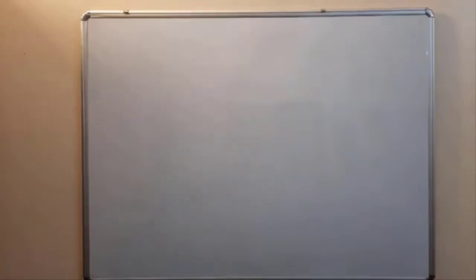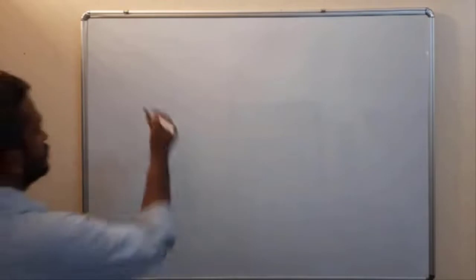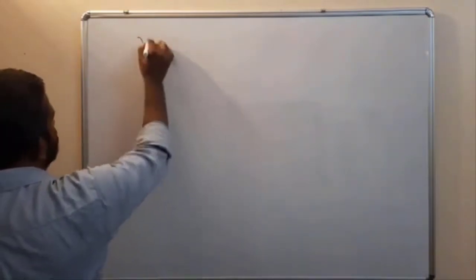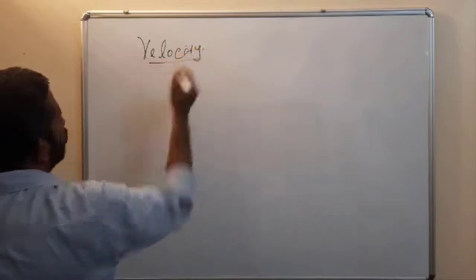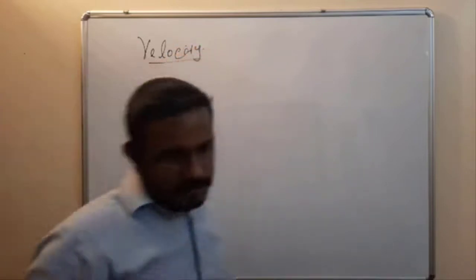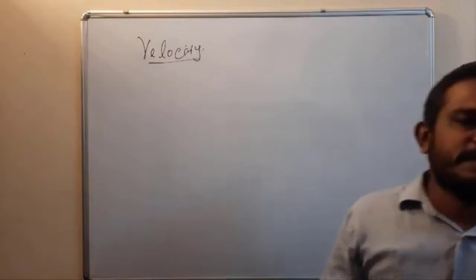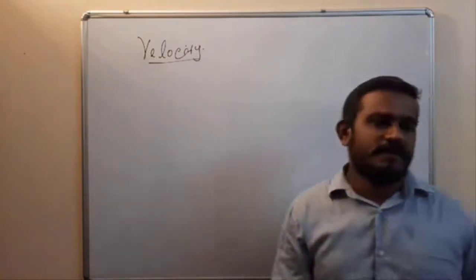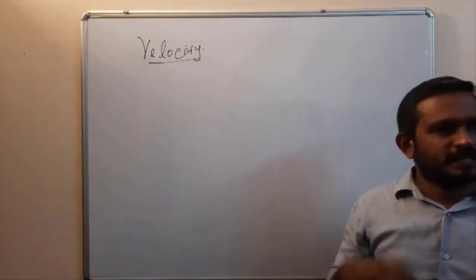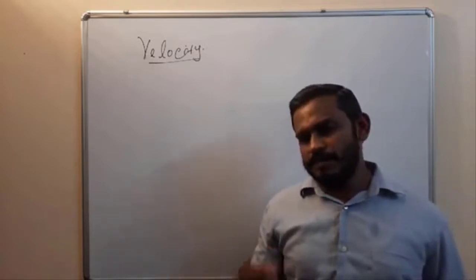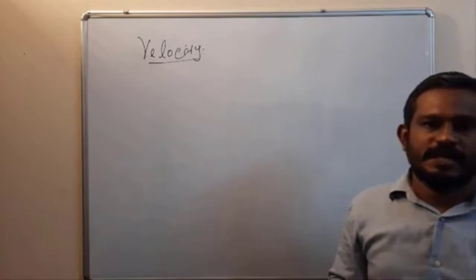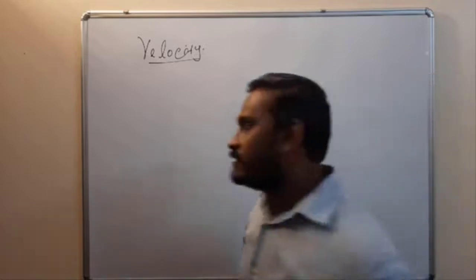Okay, the next is velocity. So what is velocity? The rate of change of displacement is called velocity. Or otherwise we can say that the displacement traveled by the object in unit time is called velocity.